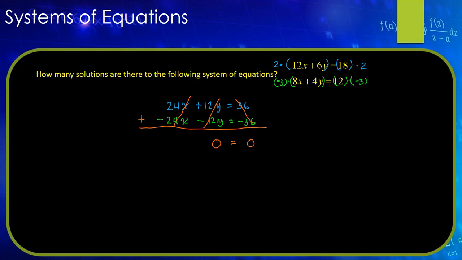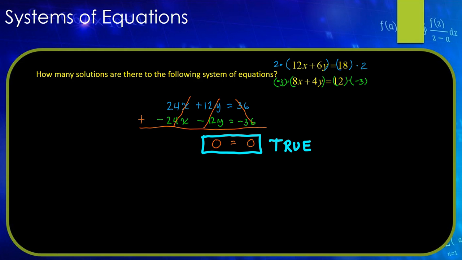When both variables end up being eliminated, through either elimination or substitution, and whatever step you take to eliminate one of the variables, the other one goes away too, that means you have a special case. The two special cases are either no solution or infinitely many solutions, and it's based on what this statement down here is. Now this statement says 0 equals 0. That's a true statement, and so that means this system does have a solution.